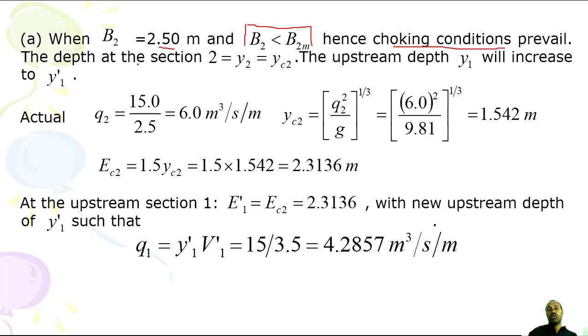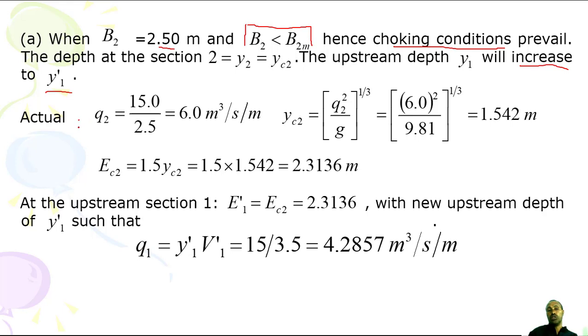Choking condition will prevail. So the depth at section 2, Y2, is equal to YC2, and the upstream depth Y1 will increase due to the constriction below the minimum. We are just constricting. So the depth at section 1, Y1, will increase to Y1 prime. So Y1 prime should be computed.